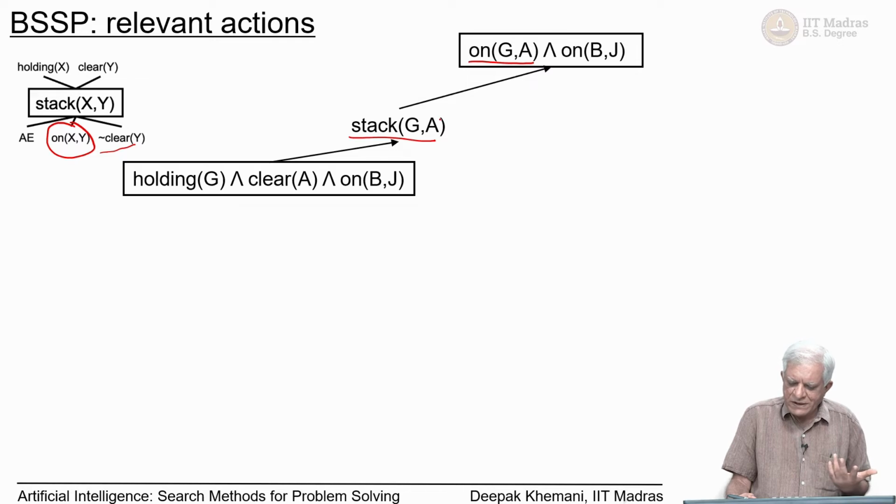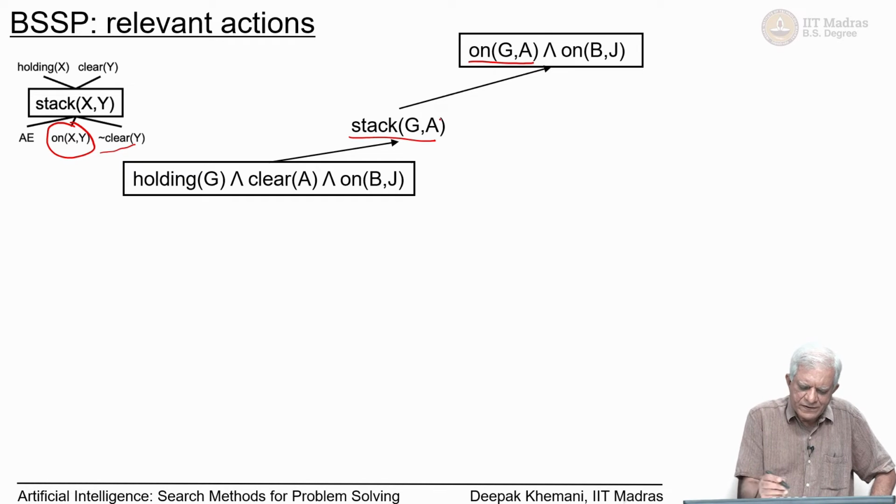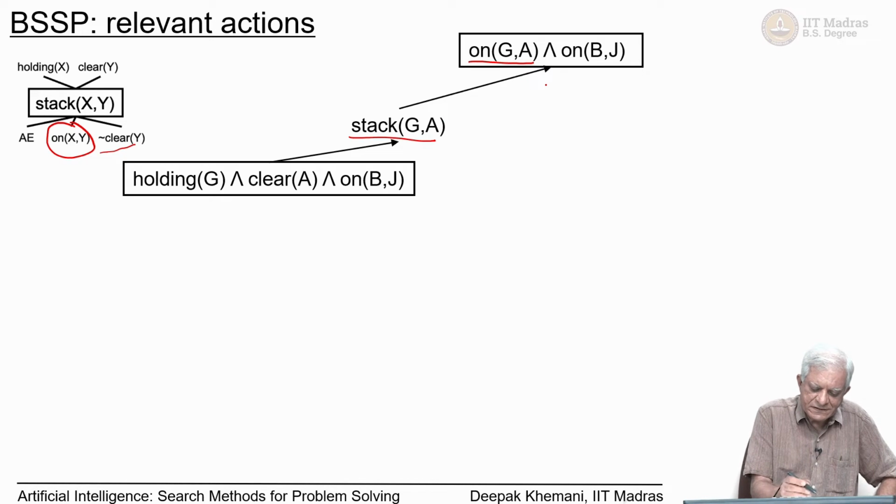And so one of the two relevant actions is stack G onto A. If that was the last action, then something in the goal would be achieved, and that something is on GA. Now, how do we regress from the previous state? First of all, we have to add the preconditions of this stack action. What are the preconditions of the stack action?